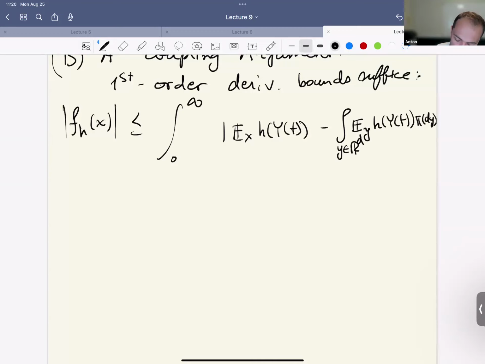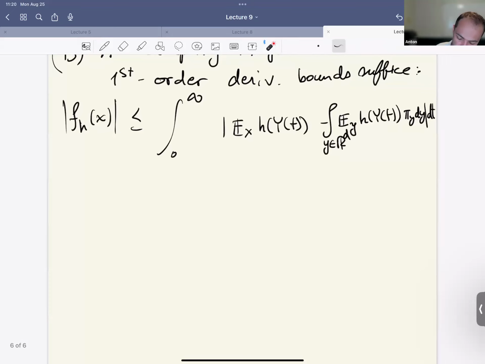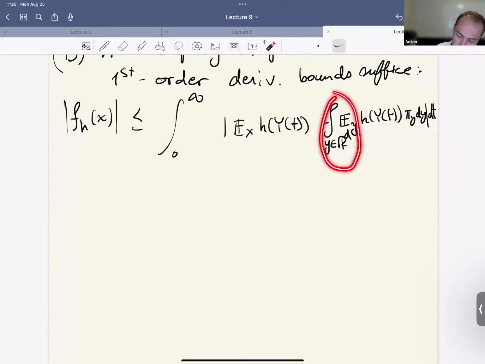Or let me assume everything has a density, although that's not strictly necessary. But let me assume that everything has a density. So pi sub y dy dt. And now I'm going to basically use the fact that pi is the stationary distribution of the diffusion.